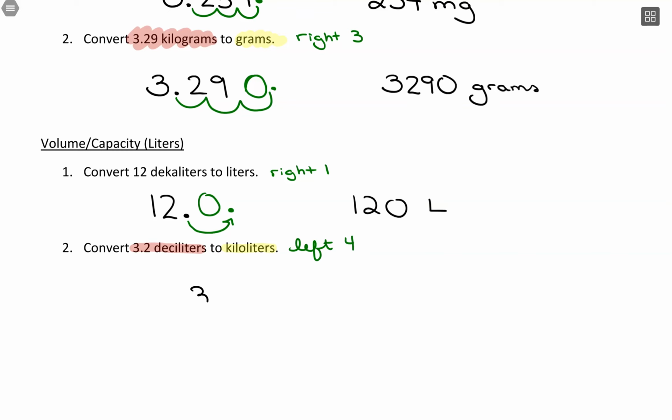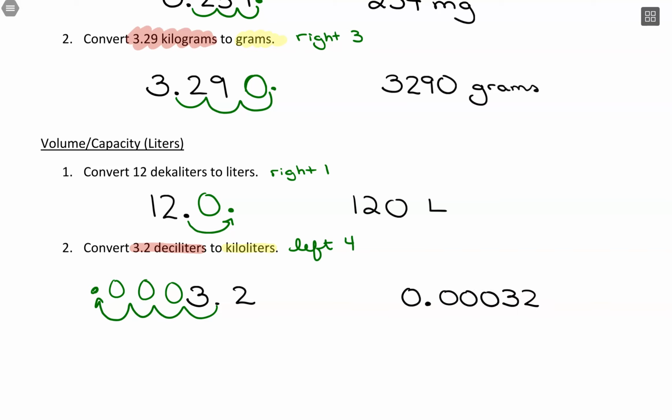With that, I'm going to have 3.2, and we're going to go left 4. So 1, 2, 3, 4. And then fill in the blank with some zeros. So I'm going to have my decimal, 3 zeros, then the 3, 2, and now this is kiloliters.